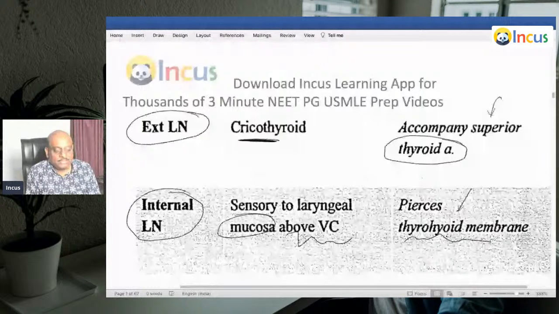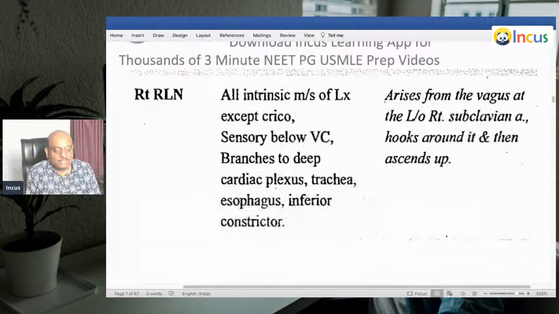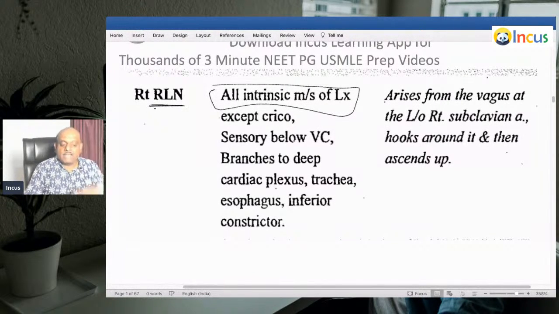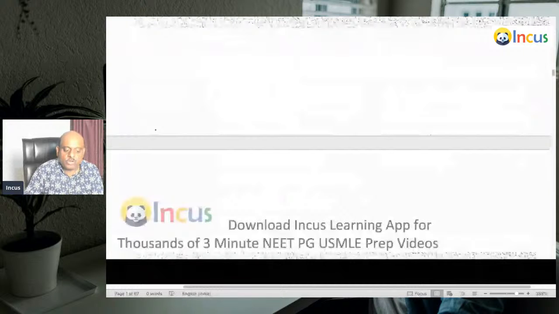Then, the recurrent laryngeal nerve. All intrinsic muscles of the larynx are supplied by the recurrent laryngeal nerve, except the cricothyroid. So all the sensory supply above the vocal cord is by the internal laryngeal nerve, and all the sensory supply below the vocal cord is by the recurrent laryngeal nerve.